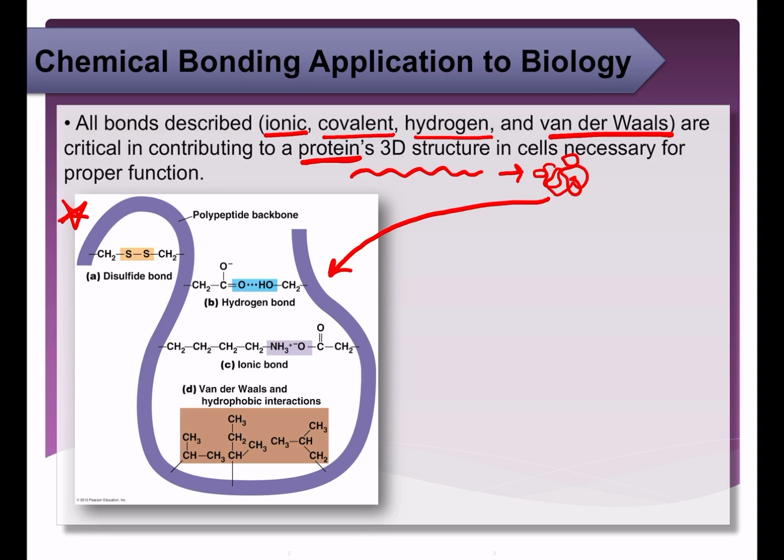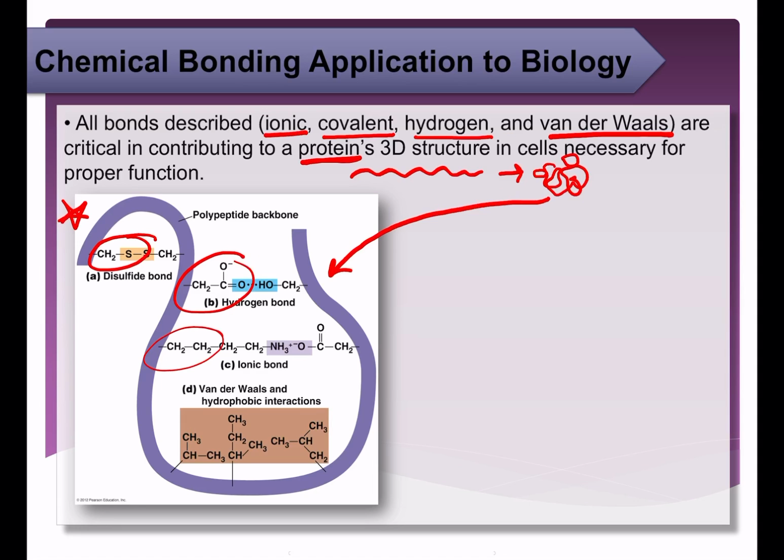So we'll learn in the next chapter that proteins are made up of single amino acids. And amino acids, you have 20 of them, and different amino acids can have different, what we call, side chains. These side chains stick out of the main backbone of the protein itself.